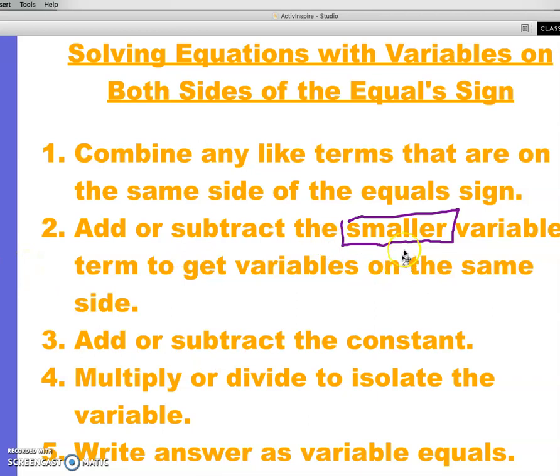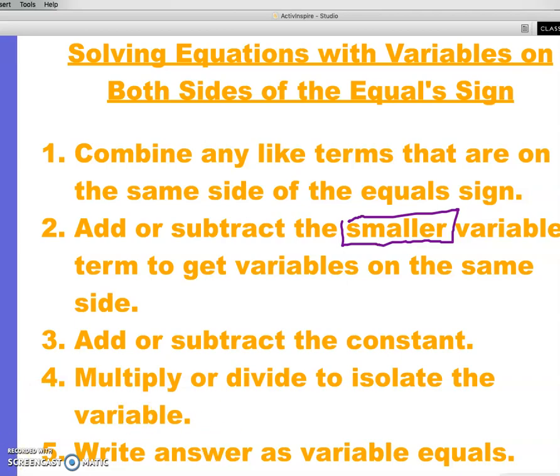We want to do the smaller one so that our variable term is positive. I'll tell you that right now. Then you want to add or subtract the constant, and then multiply or divide to isolate the variable, and then you want to write your answer as variable equals.